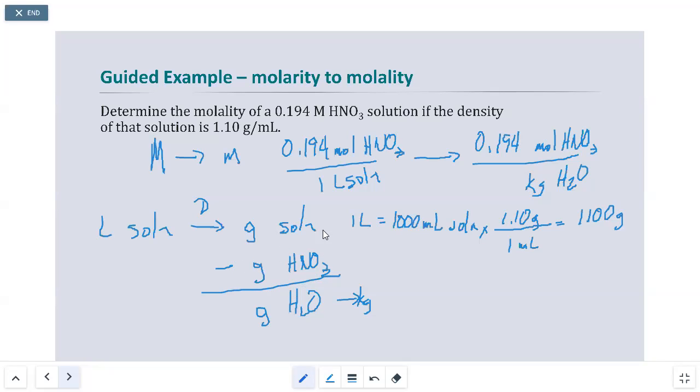To get the grams of nitric, I have to convert the moles of nitric. 0.194 moles of nitric acid.